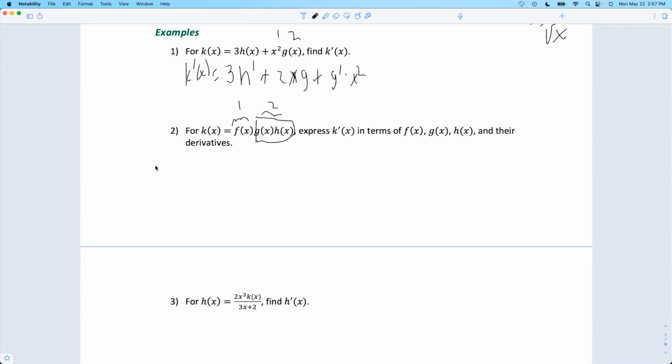So I'm going to write just 1, 2. Derivative is first derivative, leave the second alone, plus second derivative, leave the first alone. These are not numbers. I'm saying this is our order. So K prime would be, I've got 2 things multiplied together. So I want the derivative of the first times leave the second alone.